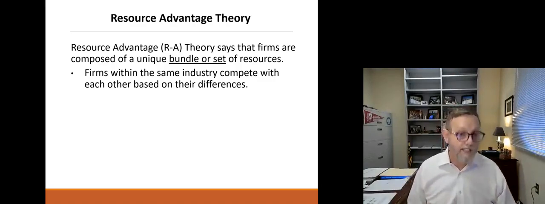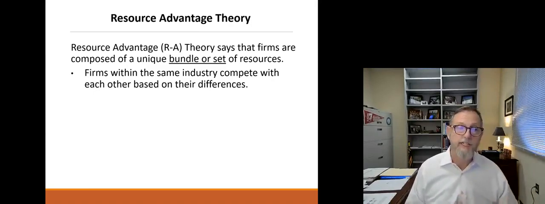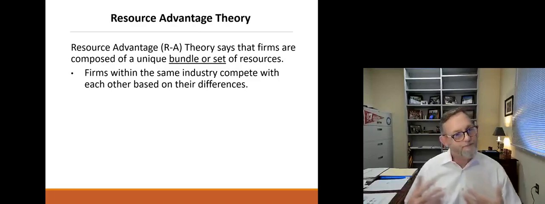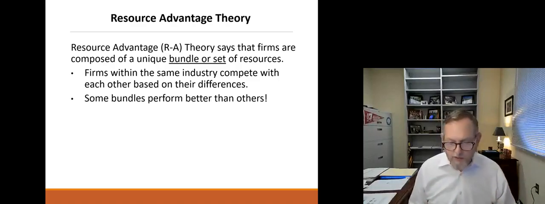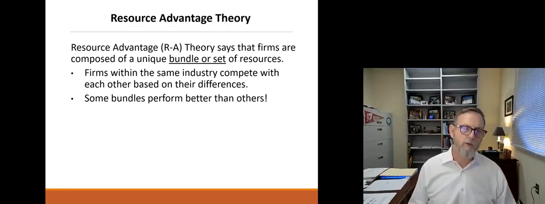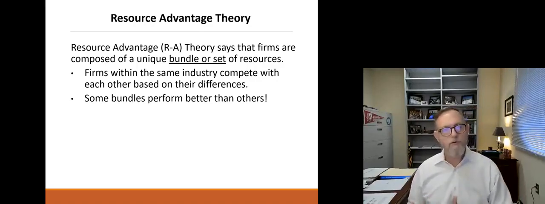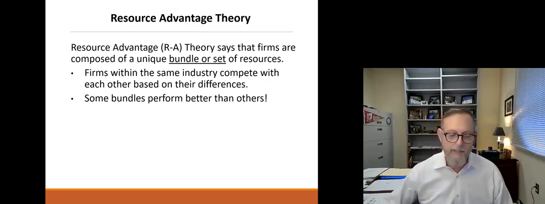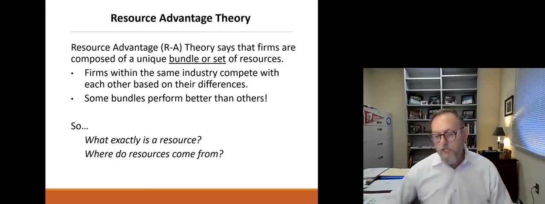So in other words, one company's bundle is distinctly different from another company's bundle, and it's based on those differences that customers see the difference between one value proposition and another. So that's the way this goes. Some bundles, as it turns out, perform better than others. And so the practice is then to create a bundle of skill sets that outperforms your competitor's bundle of skill sets in the unique market space that you are in.